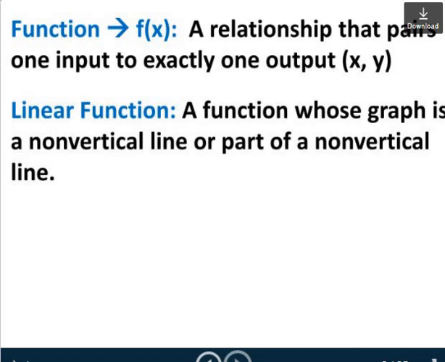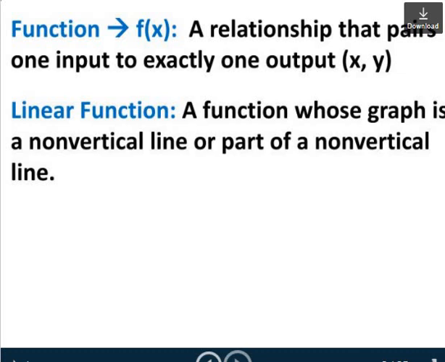Could x be different? Yes, but y must be exactly one value. When we go to the problems and examples, we will explain this idea more, okay?